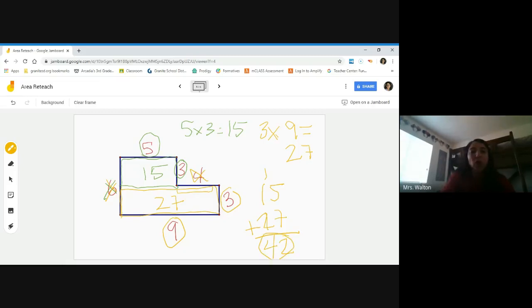This whole shape has an area of 42. We found that by finding the area of this rectangle and the area of this rectangle. Now going back to this one, you could have broken it apart like this. You could have made a rectangle here and a rectangle here. Either way would have worked. You would have just used different numbers.